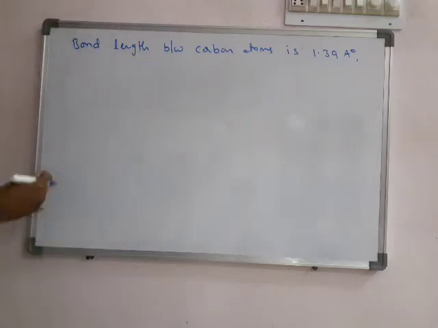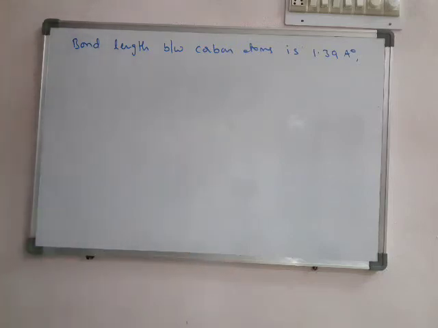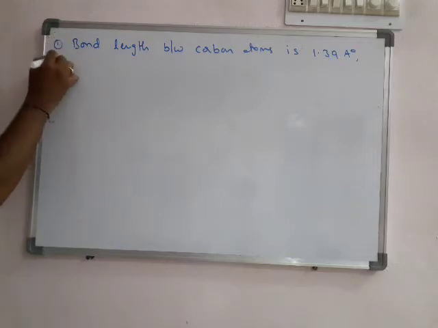Bond length between two carbon atoms is 1.39 angstrom. So write these points below the benzene example. Okay, next.